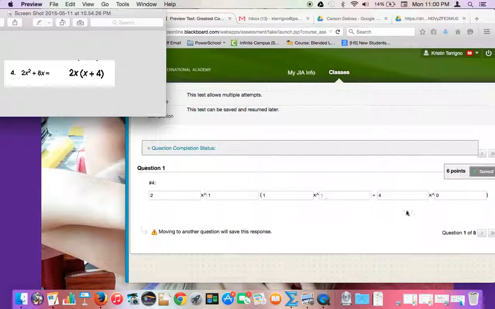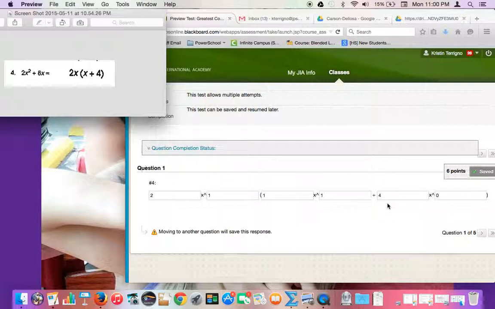I know that's a whole lot of numbers, but the way I would read this is 2x, and x to the power of 1 is just x, and then in the parentheses, 1x is just x. So this whole thing is x plus 4 times x to the power of 0, which really cancels out anyway. So this is really just a 4.